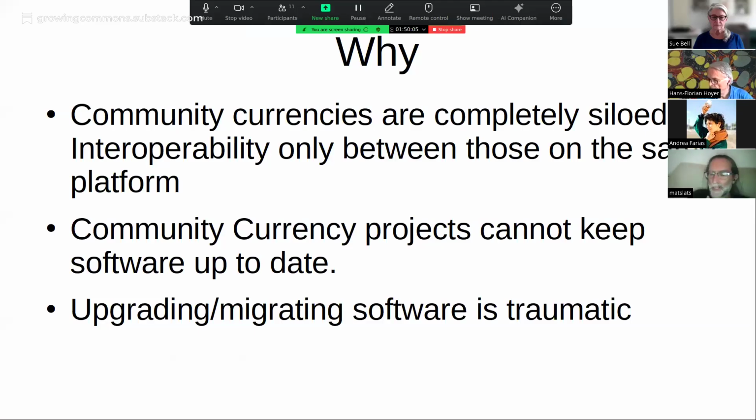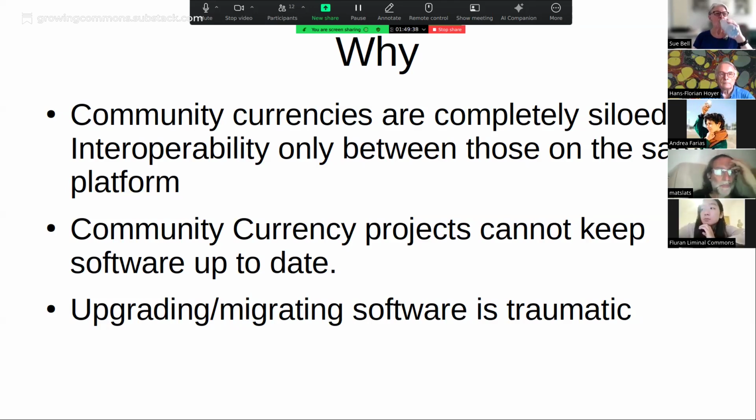When I started developing community currency software about 15 years ago, one of my first priorities was to be able to join them together, because a lot of the local LETS groups saw themselves as strictly local, and it was only a few dreamers who imagined that LETS would be a new economy, a new money system.